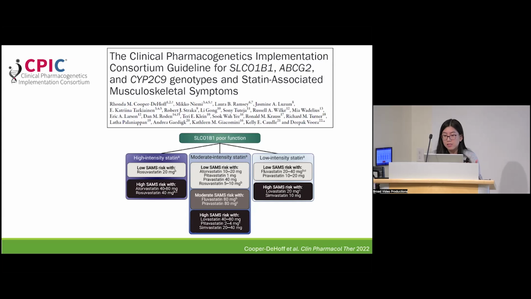So for the statin story that I shared earlier, this is a flowchart for individuals who have a poor function variant in SLCO1B1, where if you're prescribing a high intensity statin, this is what you might do in terms of your actual statin choice as well as a dose. So again, it provides some concrete guidelines for implementation.